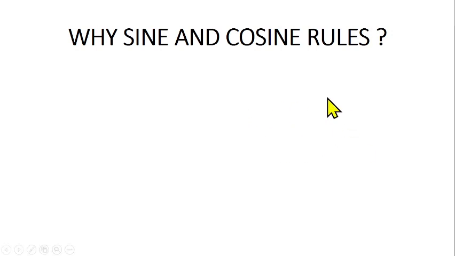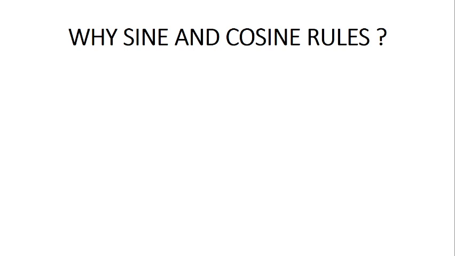Before we tell you what sine and cosine rule is all about, let's first know the reason why we need to understand sine rule and cosine rule. There are a number of reasons.